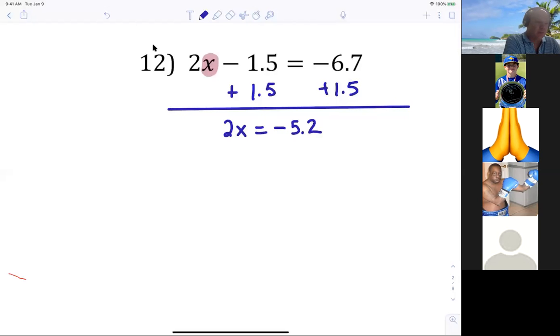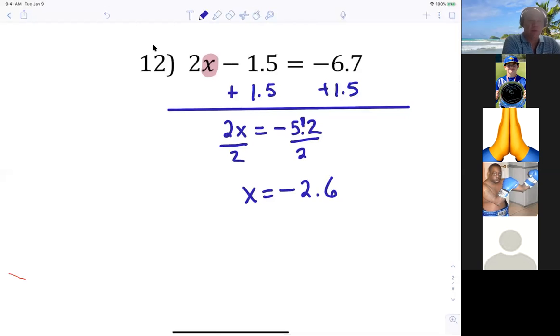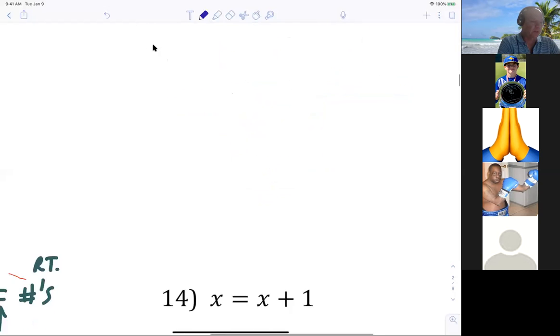Now I'm going to divide everything by 2. So x is equal to negative... 2 goes into 5 twice with 1 left over. 2 goes into 12 6 times. Don't forget the decimal. Negative 2.6. Anybody have any questions? Told you it's going to be easy.